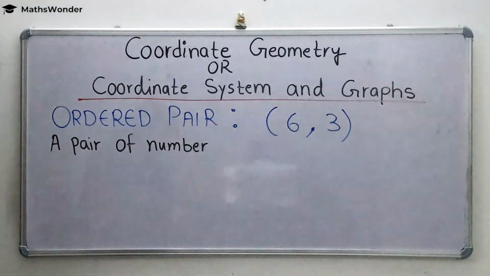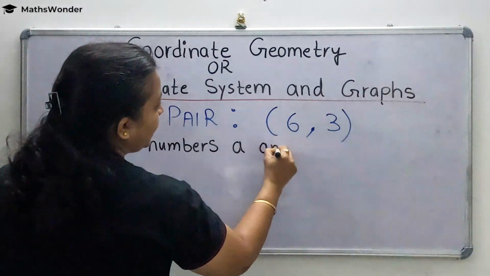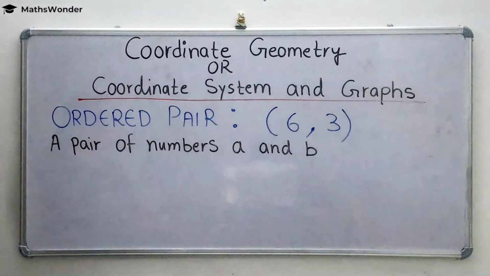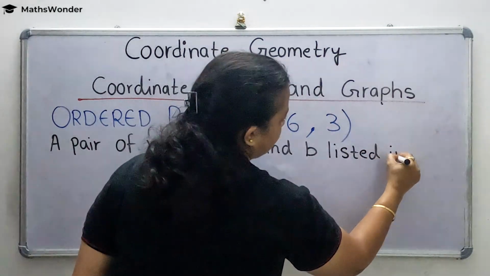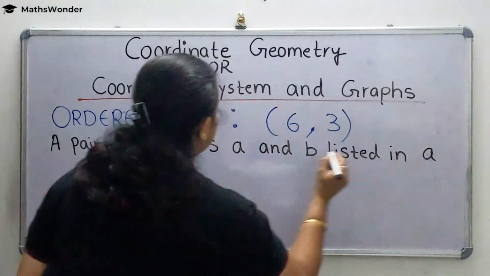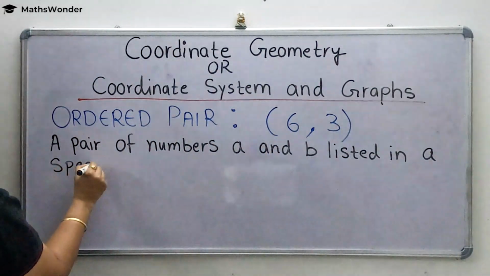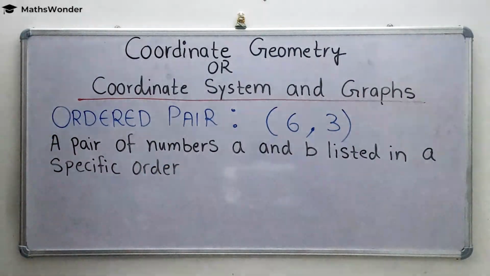A pair of numbers A and B, the first place and the second place of the coordinate. So A and B we can replace with any number. A and B listed in a specific order, we can't change it.